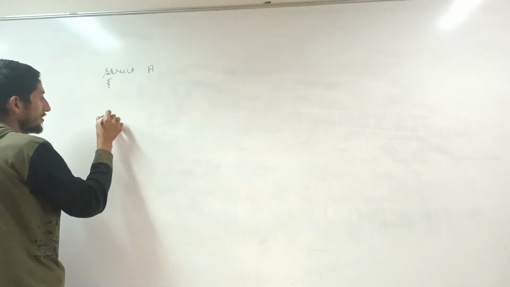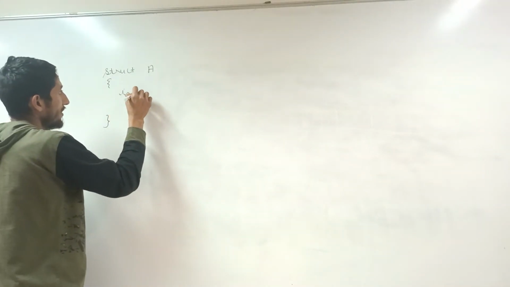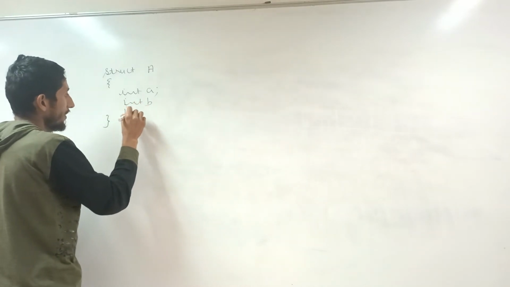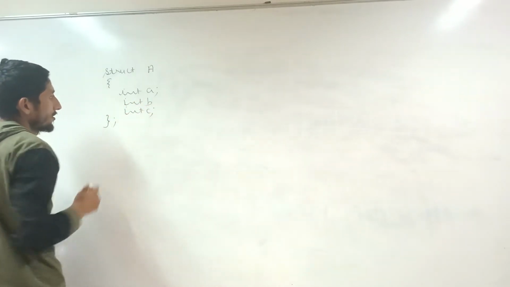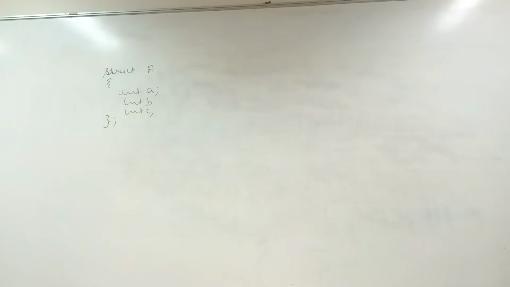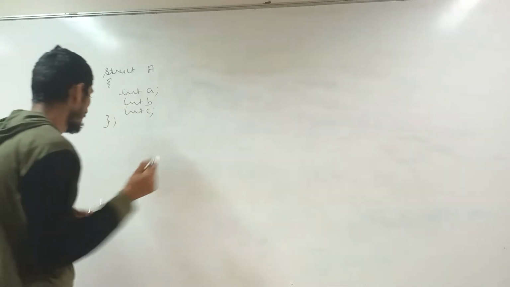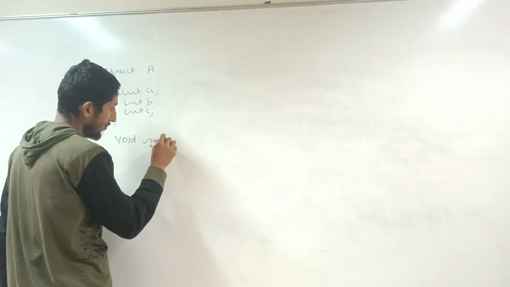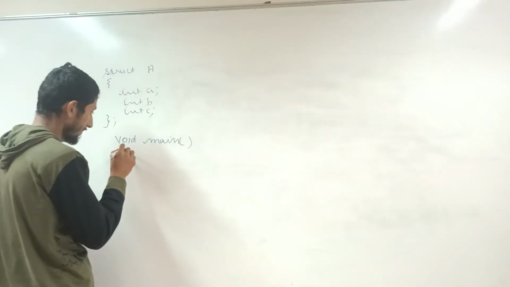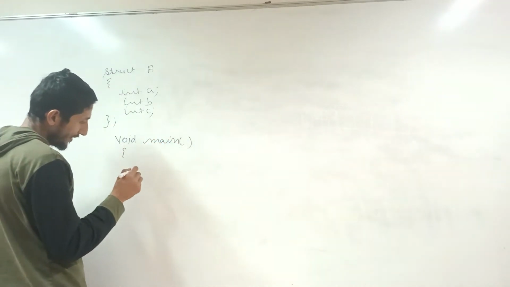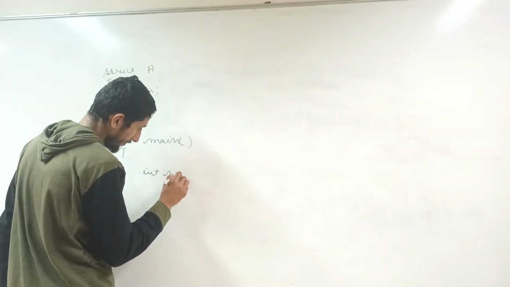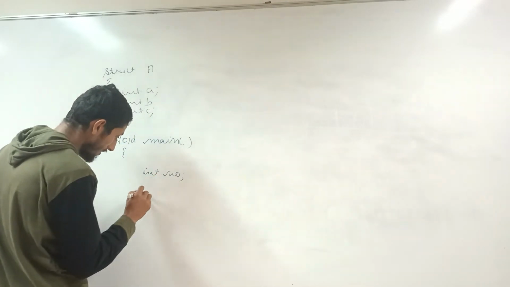In this structure, let's say I have 3 fields: int A, int B, and int C. So inside the structure I have 3 fields, A, B, and C. Let me define void main, and let me define int number. Then struct.